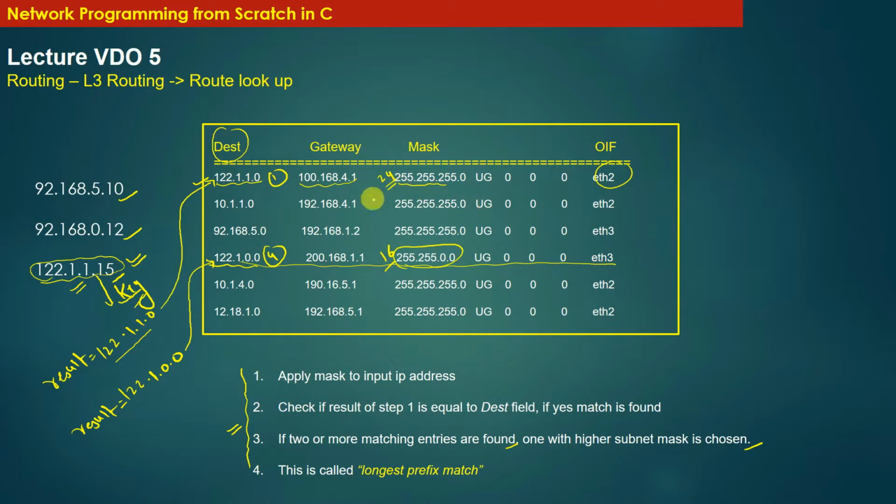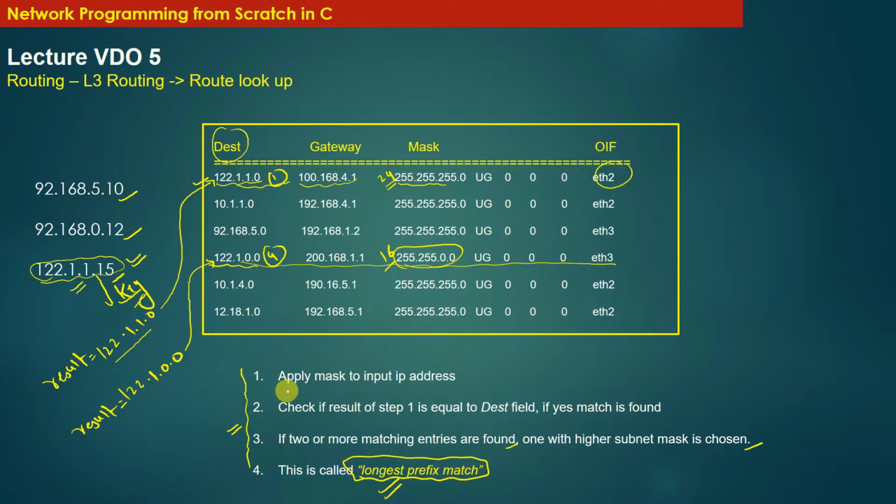So which one is chosen? Entry 1 is chosen. Breaking the tie between matching entries of a routing table is called longest prefix match. LPM, longest prefix match. So this is how the router does route lookup.